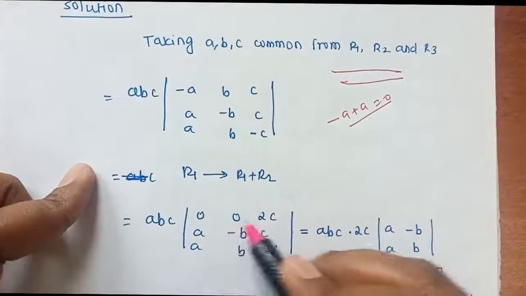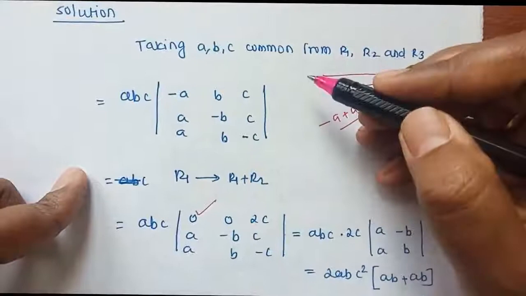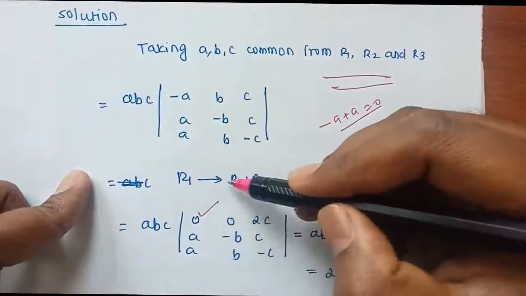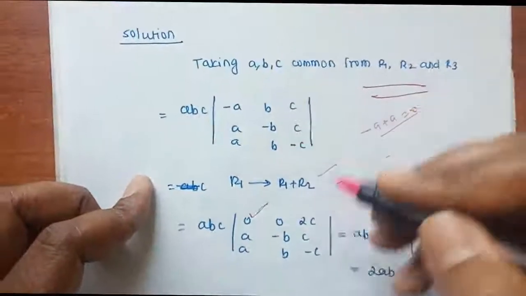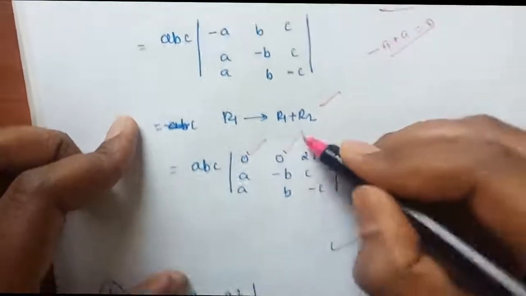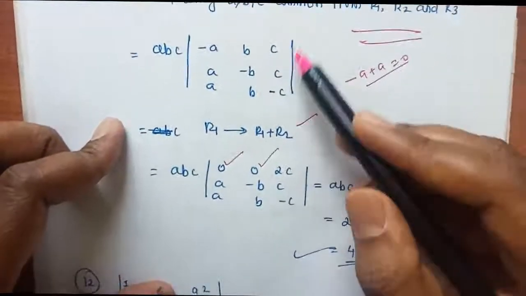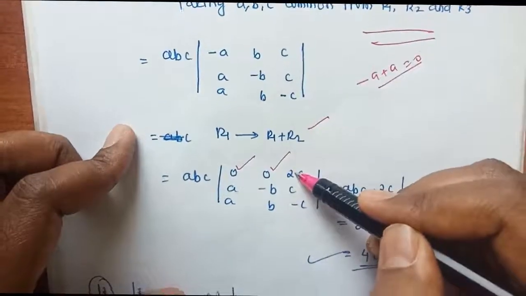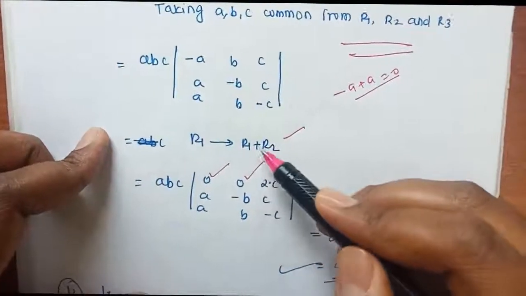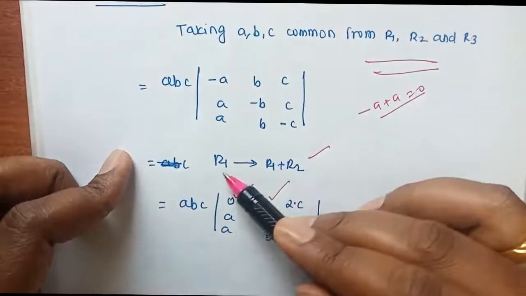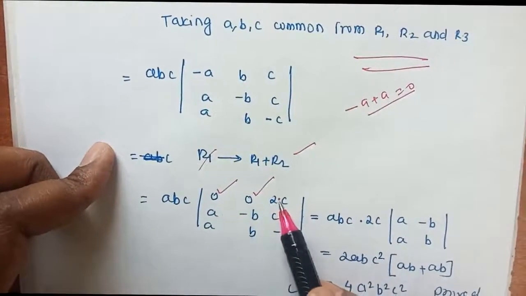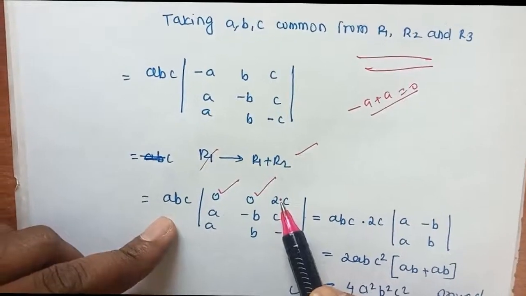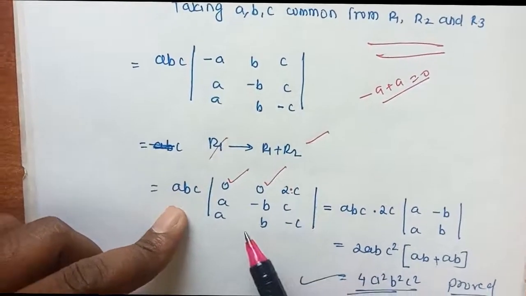So the first row, first element will be 0 because I'm changing R1 such that R1 plus R2. So again I will add b minus b, again here will come 0. Next again c plus c, 2c. So if I'm changing R1 as R1 plus R2, I got the first row as 0, 0, 2c. ABC already I took it common from R1, R2, R3.